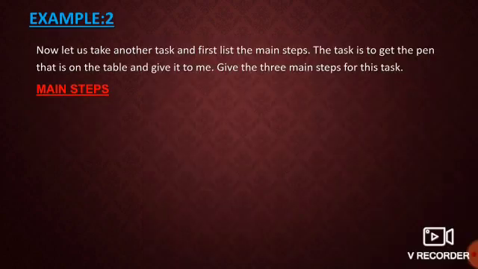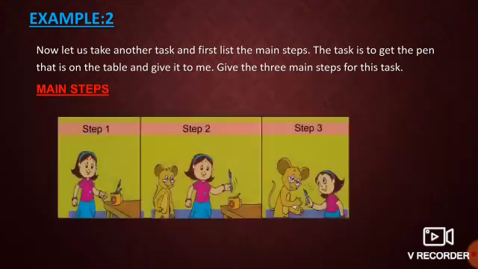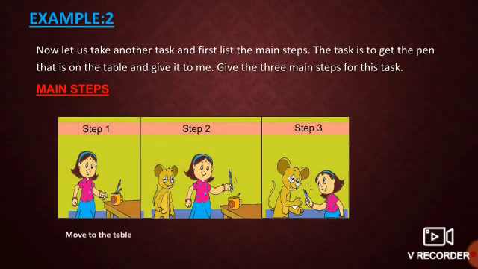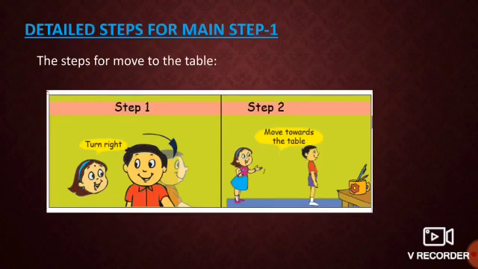Suppose a pen is on the table. I ask you to take the pen and give it to me. How will you do it? The main steps: move to the table, pick the pen, and give the pen. Next, the detailed steps. For the first main step, turn right and move towards the table.